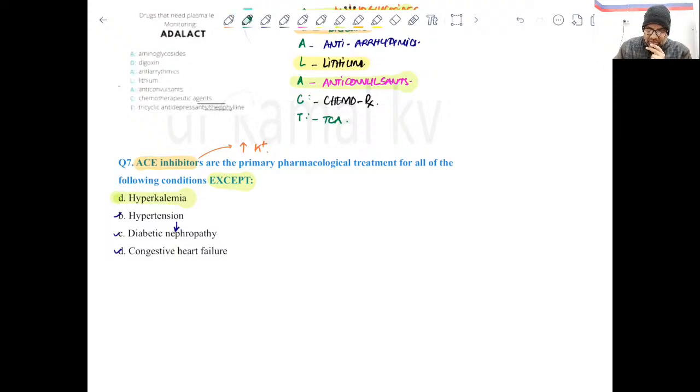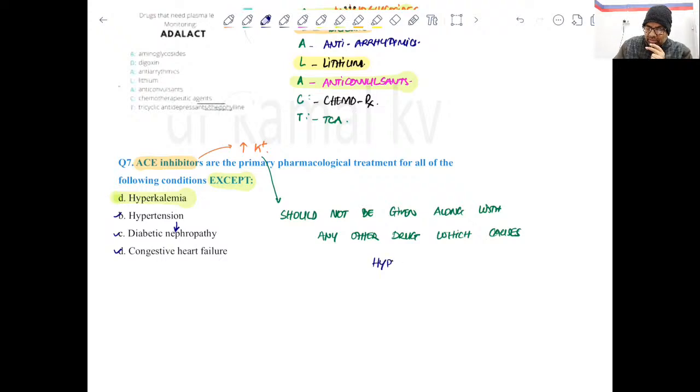Clear? And that's the reason why they should not be given along with any other drug which causes hyperkalemia. Clear? So don't give ACE inhibitors with any other drug which is also causing hyperkalemia, because in that case there will be fatal hyperkalemia.